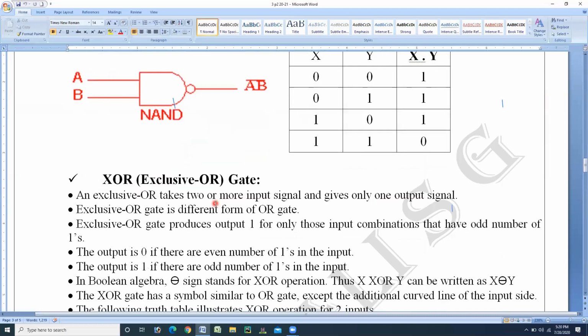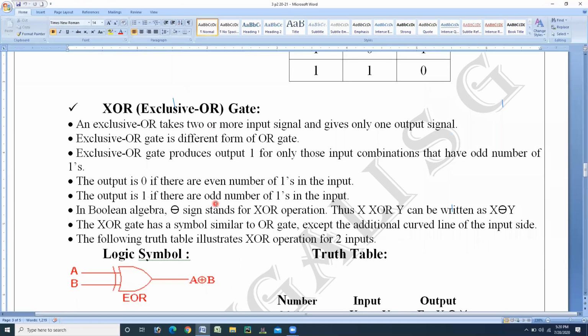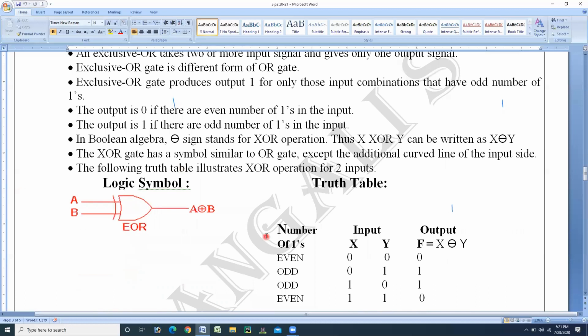Then after that you have studied today the XOR gate, exclusive OR gate. This is another form of OR gate. If you observe the logic symbol, just for the OR gate, one extra curved line is added on the input side, and that becomes the exclusive OR gate. It is represented by a plus that is circled.